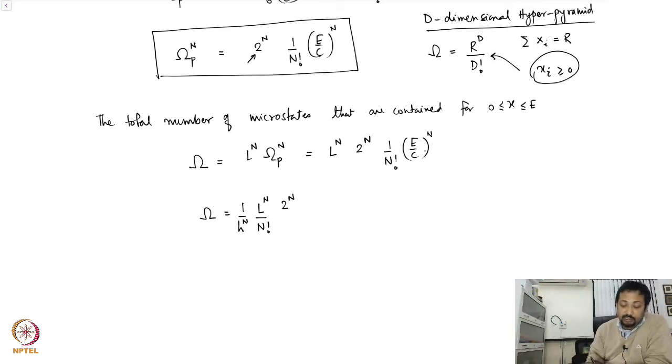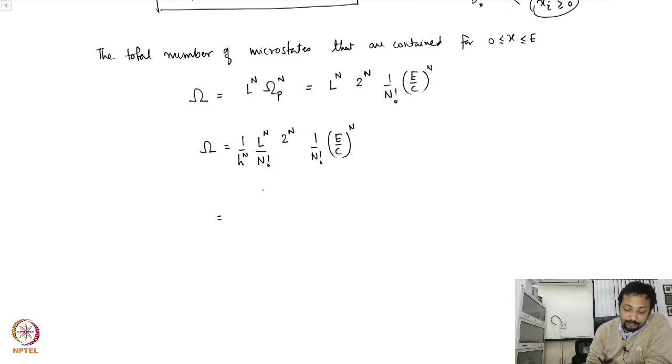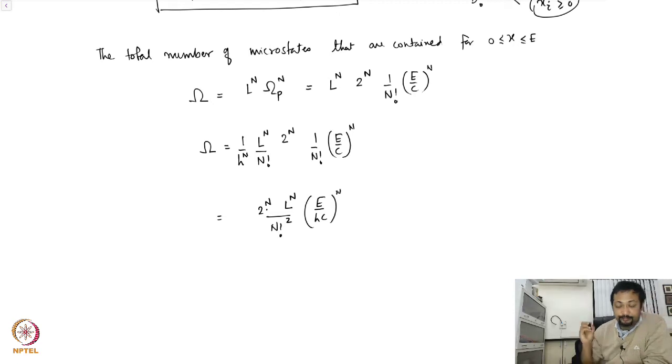Essentially that non-dimensionalizes this, because you can see that this is a dimensionful quantity, and I have again a 1 by n factorial (E/c) raised to the power n, so that I have 2 to the power n by h to the power n. We will take the h inside, and we will say that this is L to the power n over n factorial square, E over hc raised to the power n.